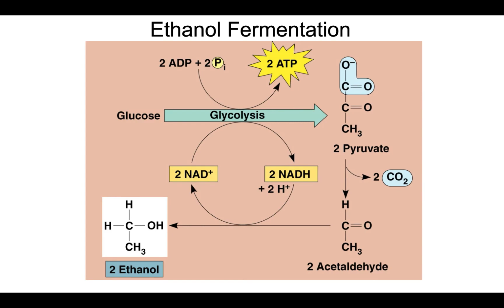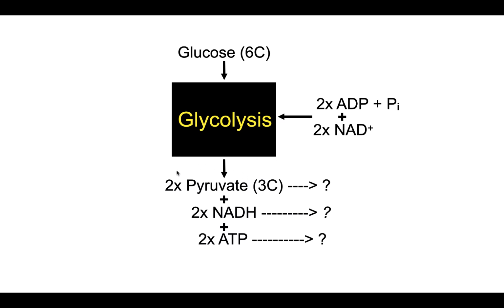However, we have fermentation. And what fermentation says is, okay, if we don't have any oxygen, pyruvate's just going to be sitting around there. Let's use pyruvate to oxidize NADH back into NAD+, so that we can continue glycolysis over and over and over again.